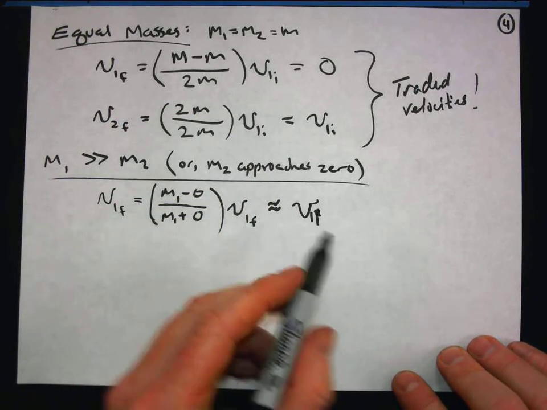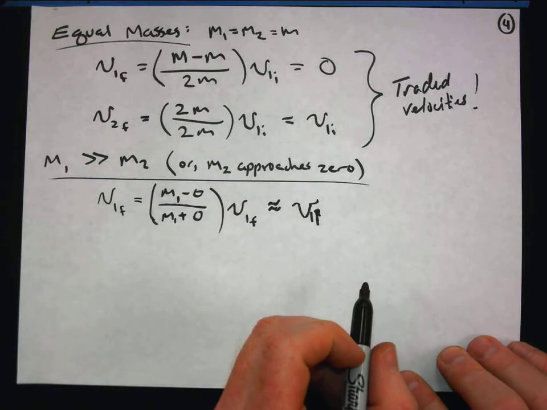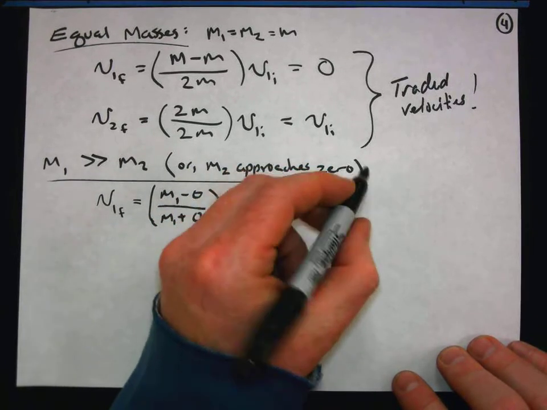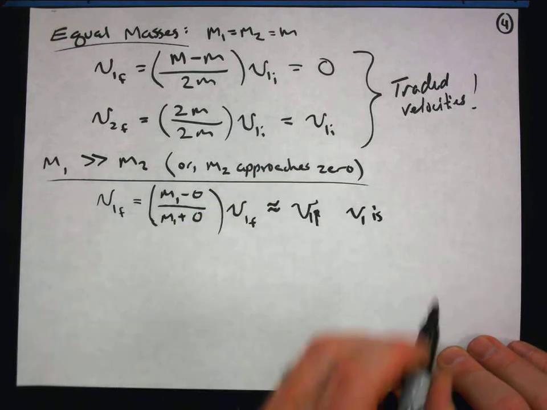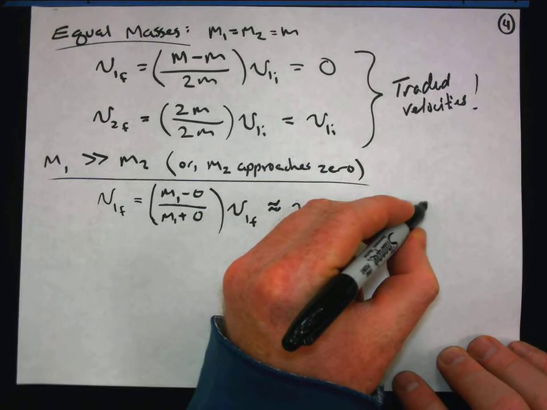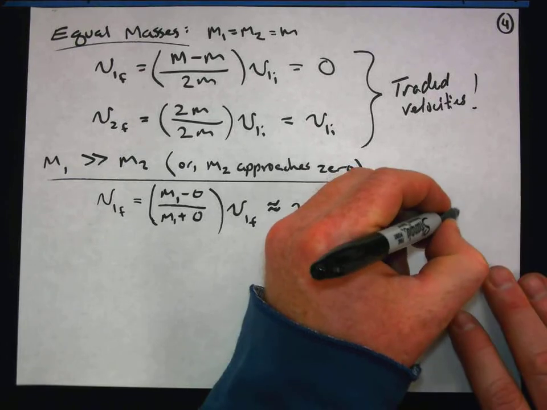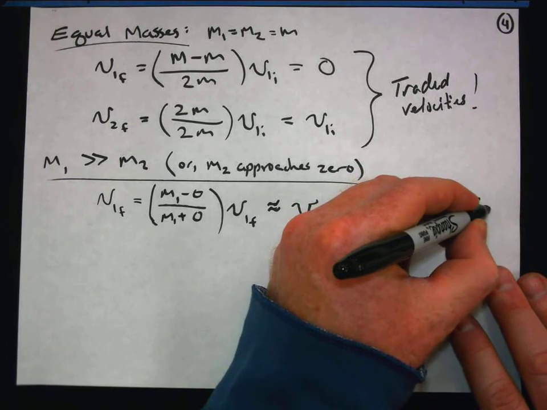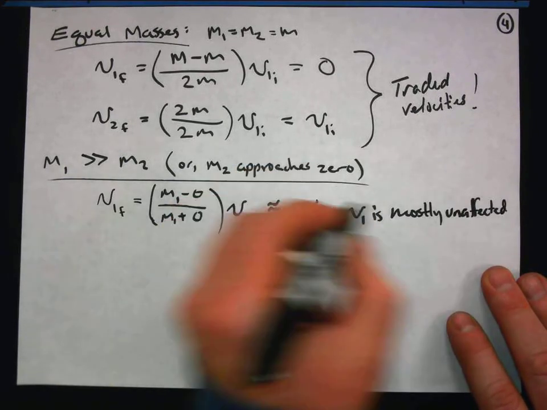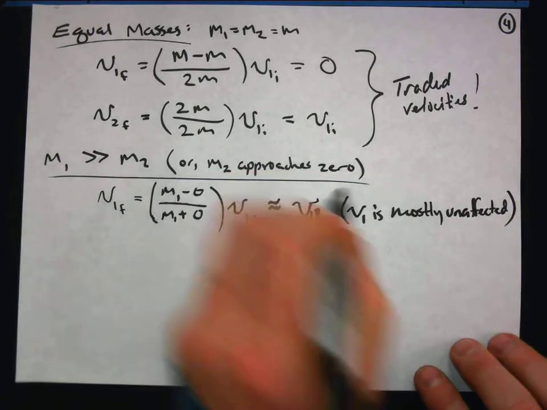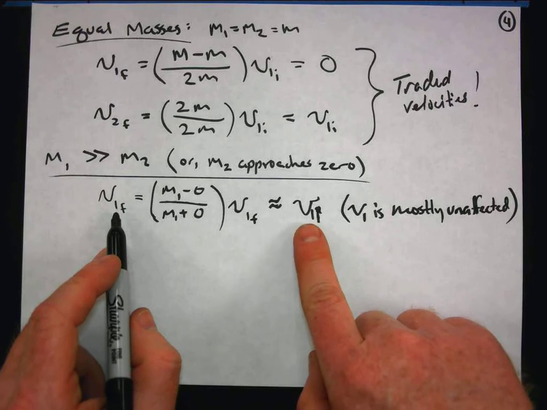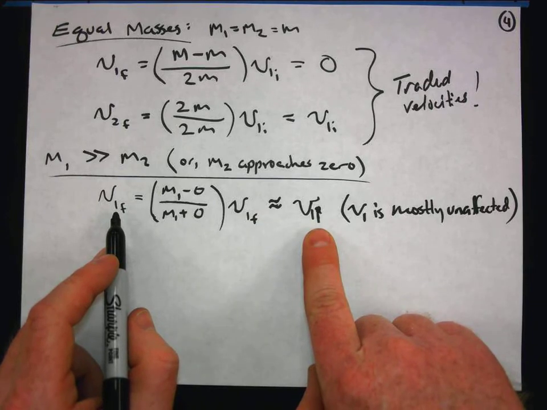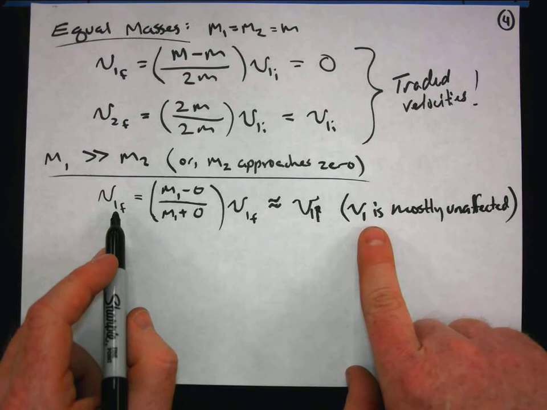So what is this telling us? That object 1, v1, is mostly unaffected. Okay, that's one way of looking at this. Look, final velocity of object 1 is roughly equal to the initial velocity of object 1. The velocity of object 1 is mostly unaffected.